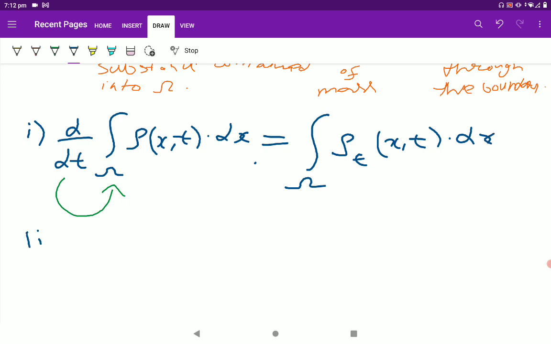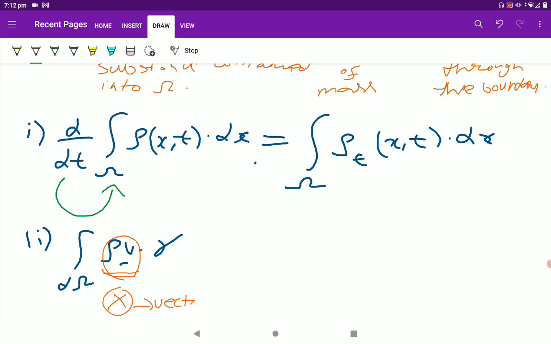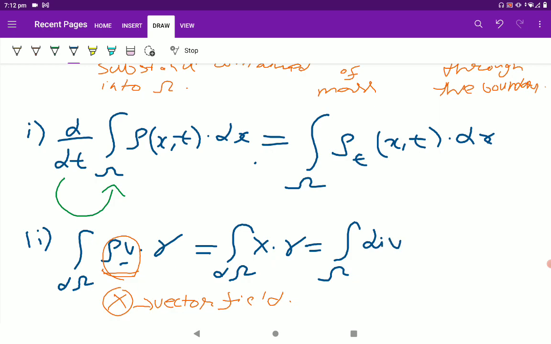The second manipulation is that we have to consider this as a vector field, and it can be written in this form, which is the divergence theorem, or we can call it the Gauss-Green theorem.